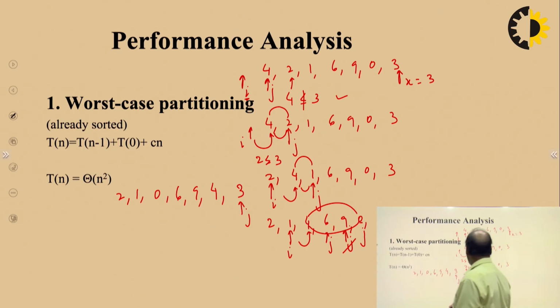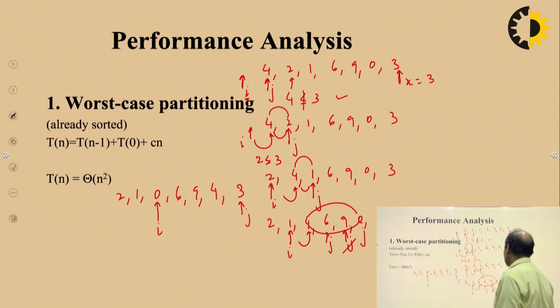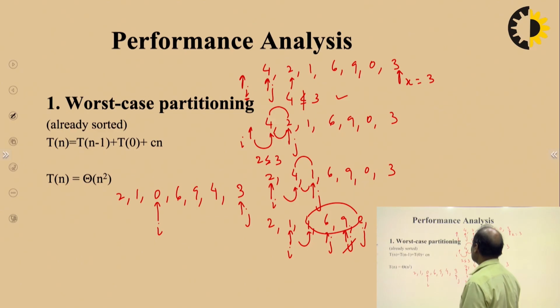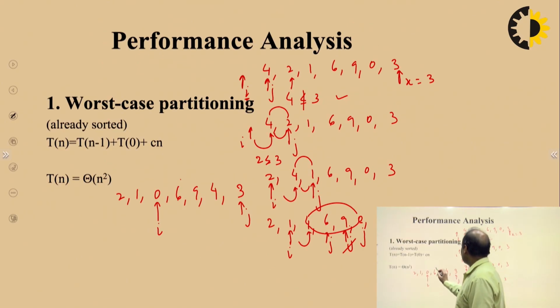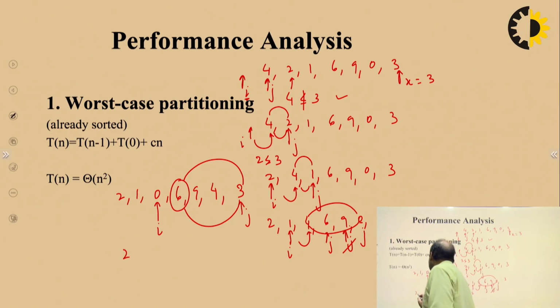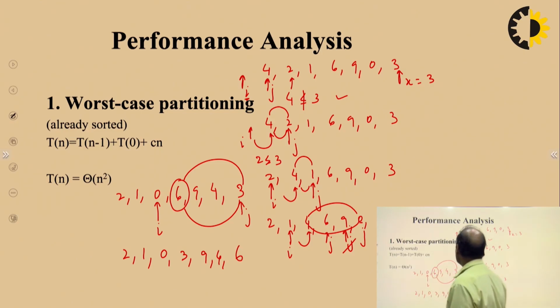After this situation I will be pointing to this position. You see I was here. After finishing this, exchange A[I+1] and A[R]. This guy is exchanged to get the final one pass of the partition: 2, 1, 0 and then 3, 9, 4 and 6. Okay, and return I plus 1.